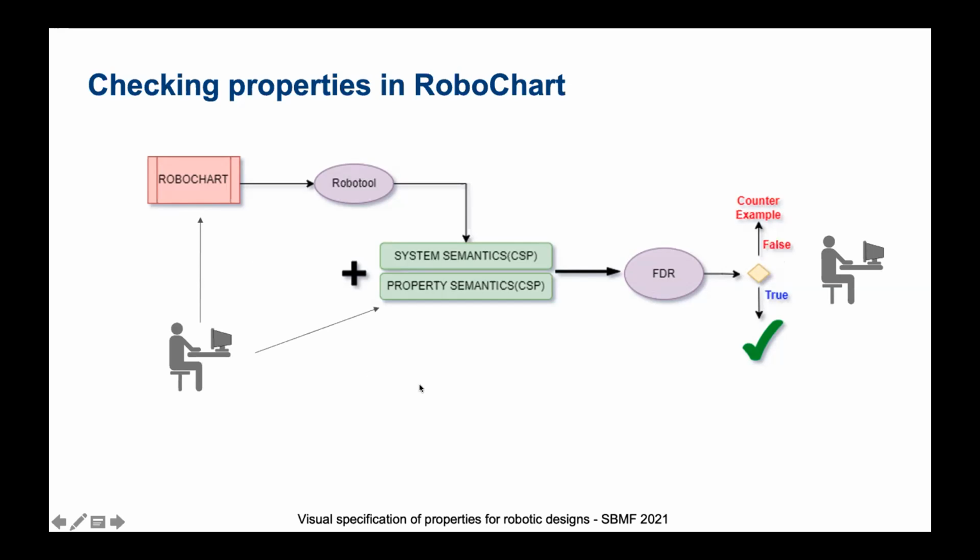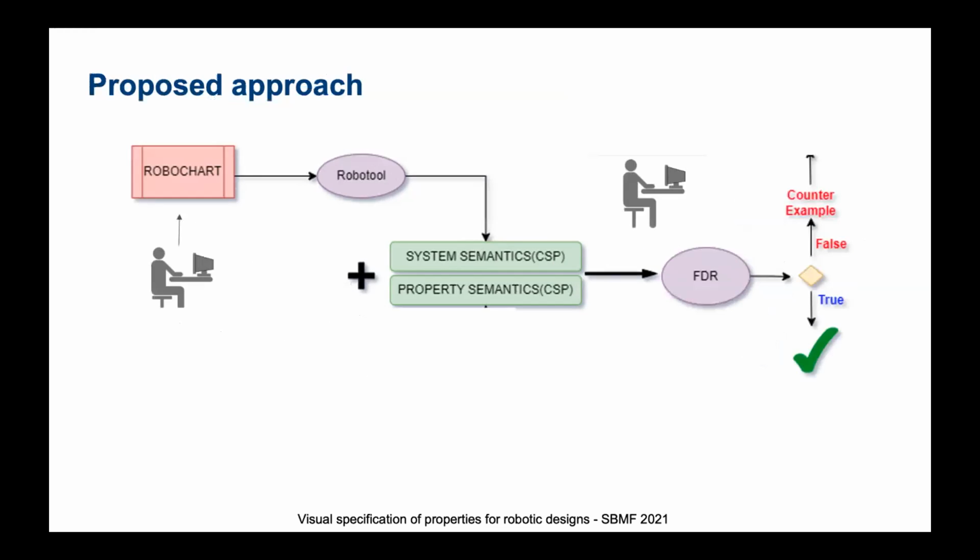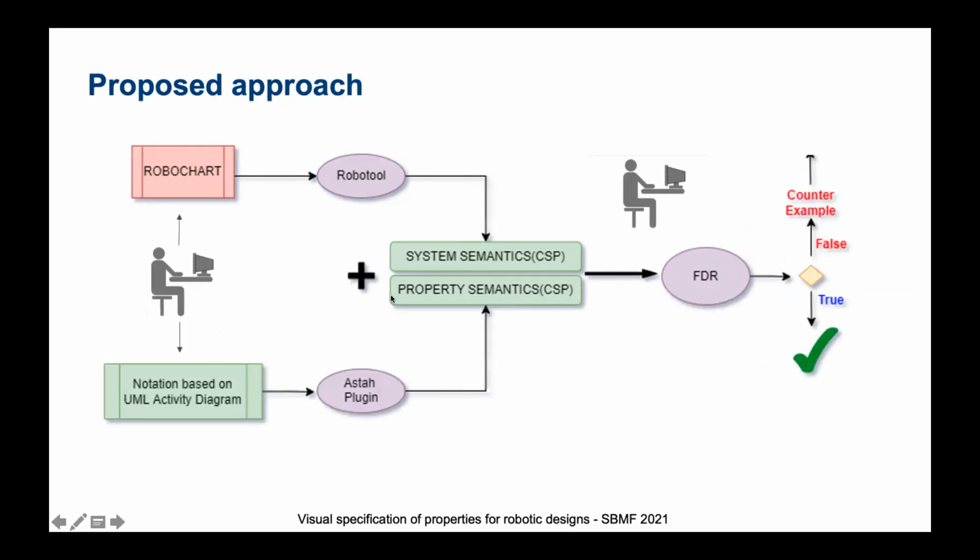some are engineers. So what we propose is a different situation where the engineer describes the system in RoboChat, and the semantics is also automatically generated by RoboTool. And what we are proposing is a notation based on UML state diagrams, here in green, to describe the behavior of the property you want to verify.